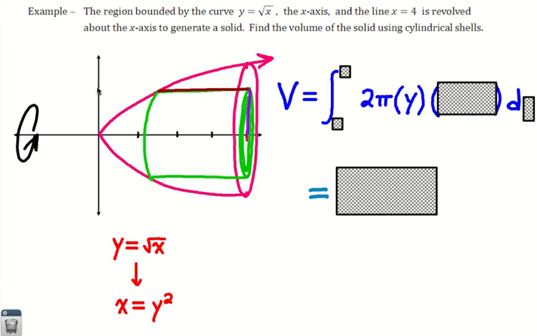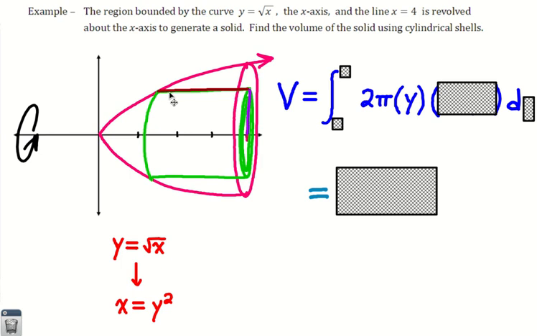And so from here to here, the space from the y-axis to the curve is going to be represented as y squared. Again, from the x-axis to the curve, this length would be described as root x. But from the y-axis to the curve, we have to change things up, solve this for x, and call from here to here y squared.